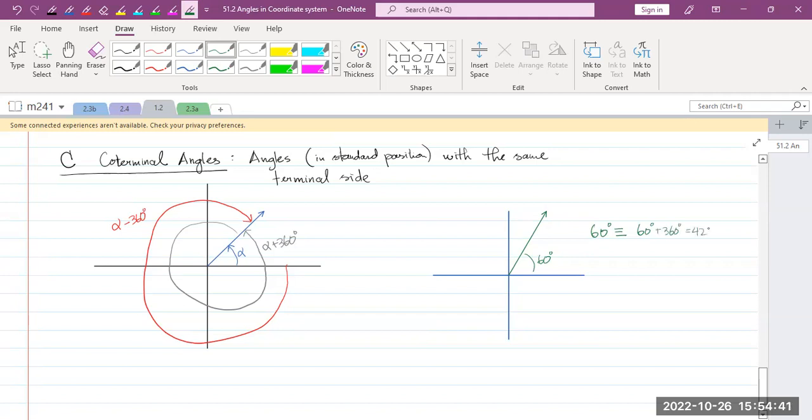So 420 degrees is coterminal to this 60 degrees. Imagine if I go this way, 360 degrees plus 60 degrees, more than one round. They are coterminal.